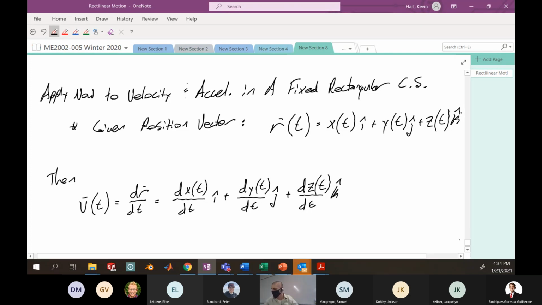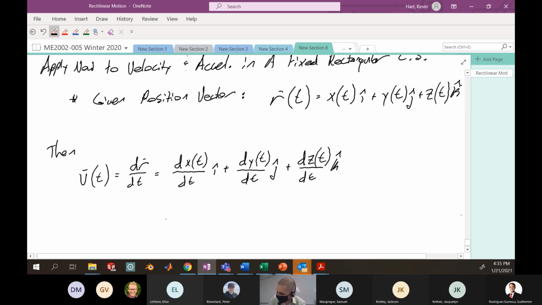Okay. Some alternate forms that you might see. This is Vx as a function of time, i hat, plus Vy as a function of time, j hat, plus Vz as a function of time, k hat.